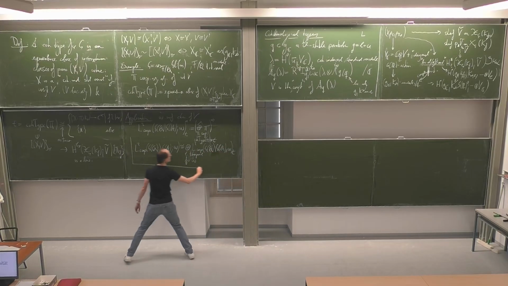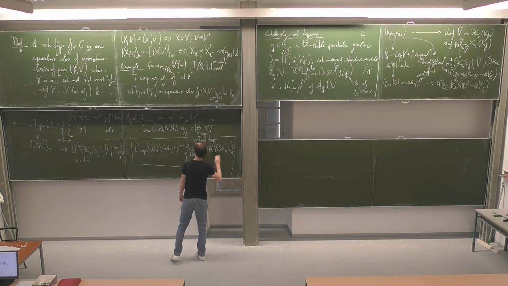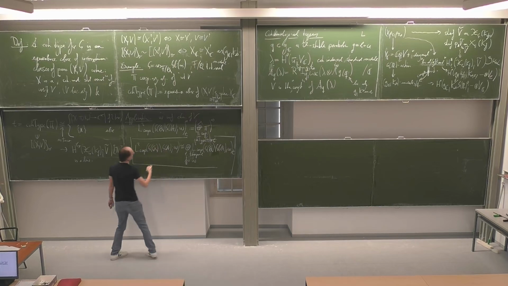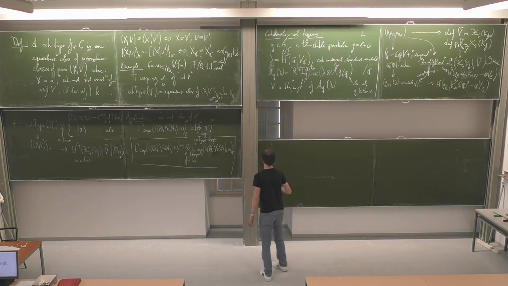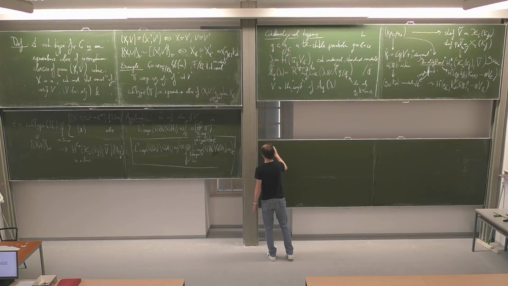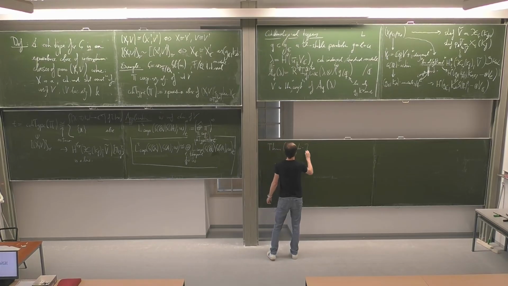So why would you want a decomposition like this? One reason is if you want to define rational or integral structures on this space, then it's actually more natural to construct them on each of these summands. Because on each of these summands, you can define them as follows. Well, maybe I just quote a theorem first, due to Hayashi and myself.